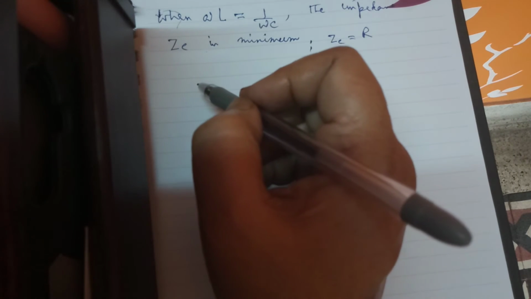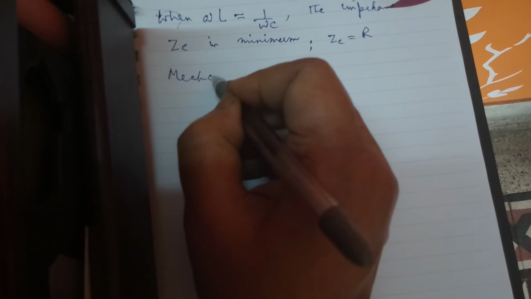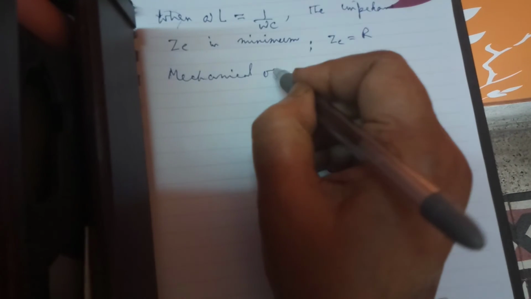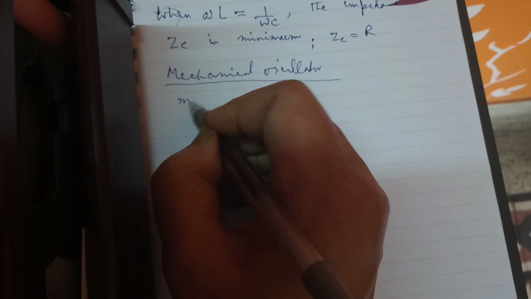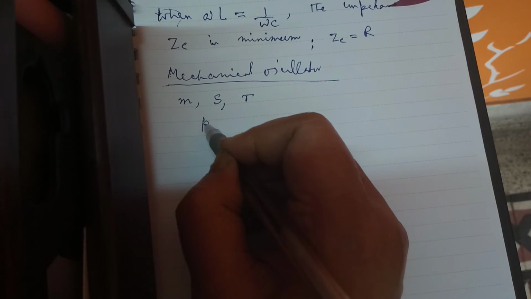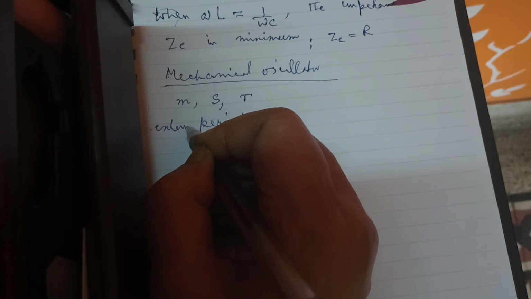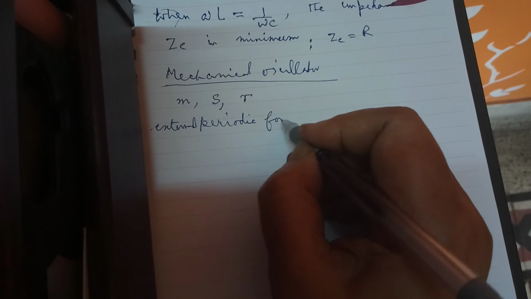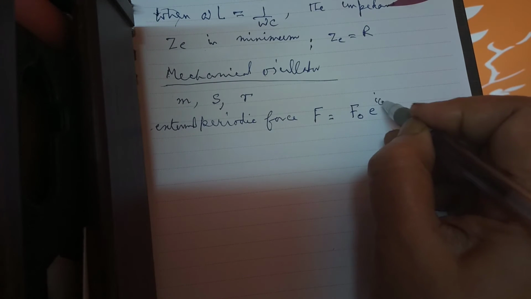We consider a mechanical oscillatory system of mass m, stiffness constant S, damping constant R, which is acted upon by an external periodic force F equal to F naught e to the power i omega t.